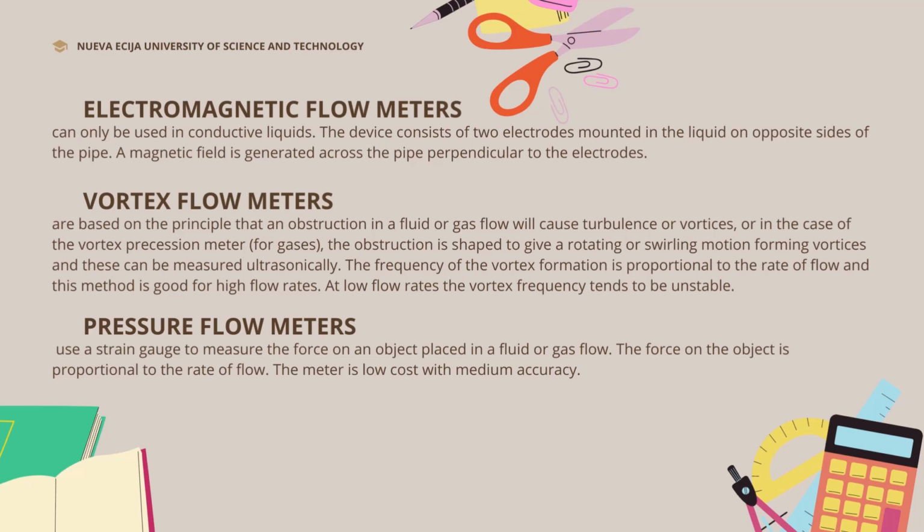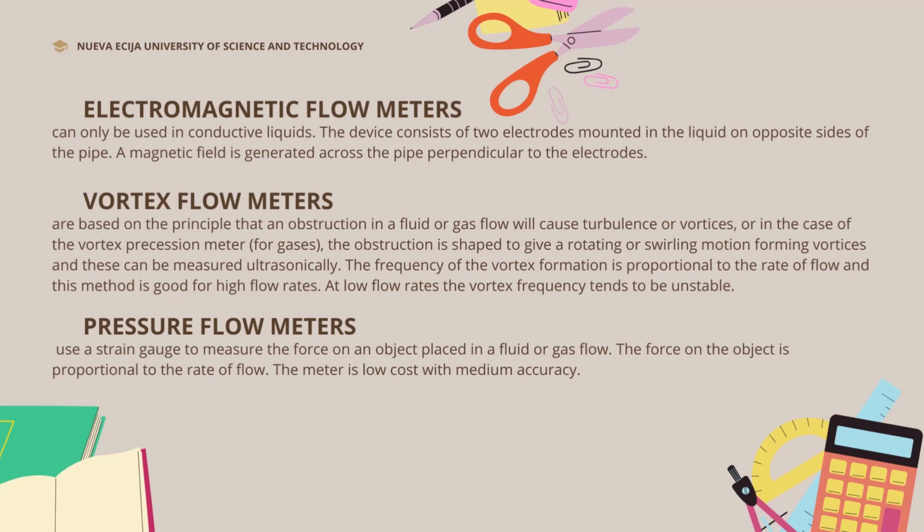So, second one na yung vortex flow meters. This is based on the principle that an obstruction in a fluid or gas flow will cause turbulence or vortices, or in the case of the vortex precession meter para dun sa mga gas, the obstruction is shaped to give a rotating or swirling motion, forming vortices, and this can be measured ultrasonically.